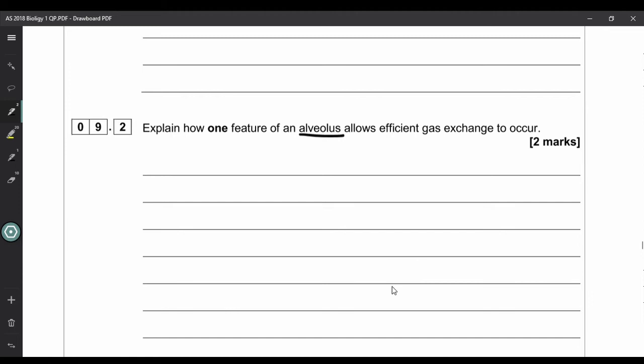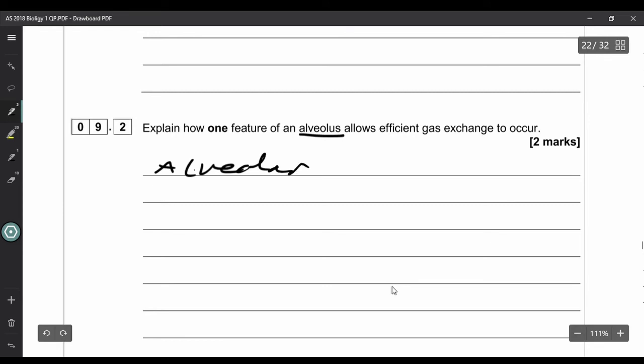So the answer to this will go along the lines of the alveolar epithelium is 1 cell thick.